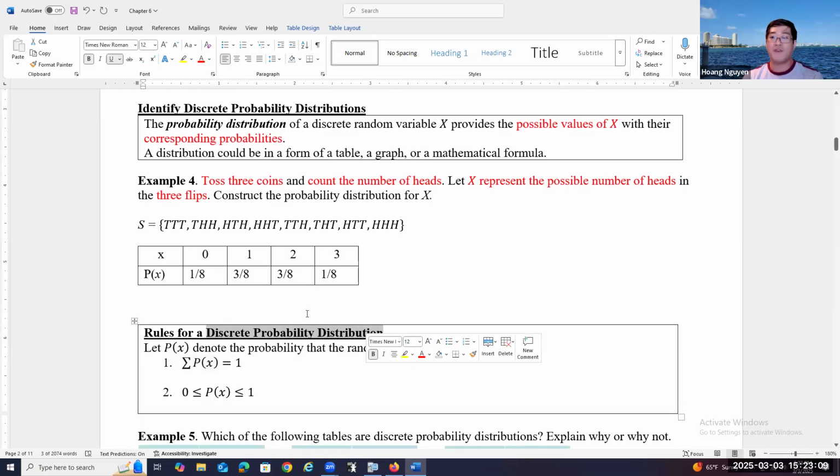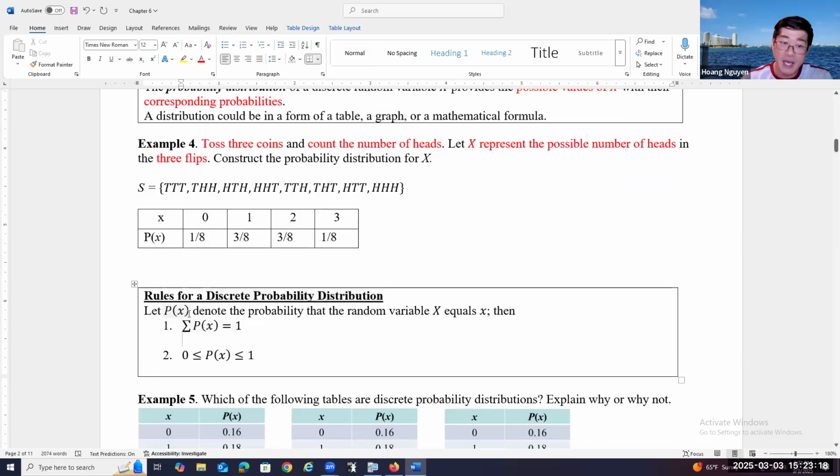The rules for a discrete probability distribution are similar to the rules for probability that we learned in chapter 5. Let P(x) denote the probability that the random variable X equals x. Then the summation of all of the probabilities P(x) is going to be equal to 1.